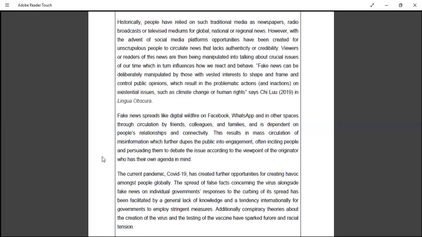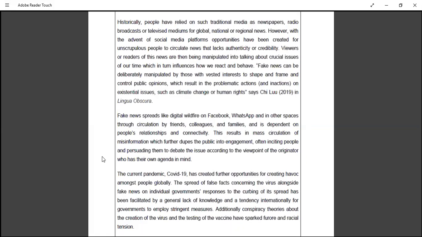Then, as that is the case, the news will just spread like digital wildfire. That's one thing, and then it ends up creating problems in society. And they are quoting an example of the current pandemic, which is COVID-19. They say there are many problems that have been created by this fake news globally now.